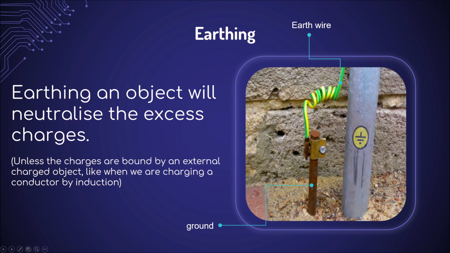But for your level, all you need to know is that earthing will always neutralize the excess charges. So charges can flow to and from the charged object, from the ground to the charged object or from the charged object to the ground. And yeah, that's how we would discharge insulators and conductors.